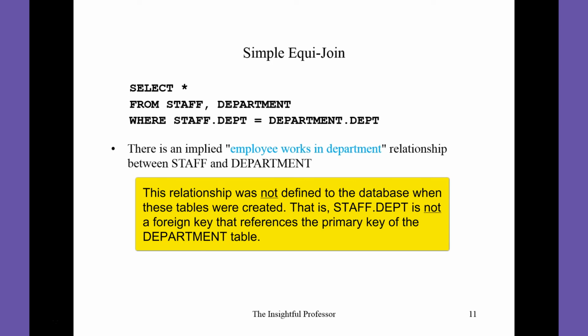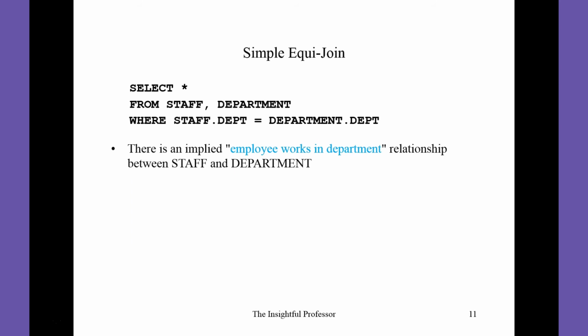We call this an implied relationship because we have not defined a primary key, foreign key relationship or association between these two tables. Thus, there's no formal relationship defined in the database. However, we are still able to form a join of these two tables. This is a very powerful capability of relational databases.